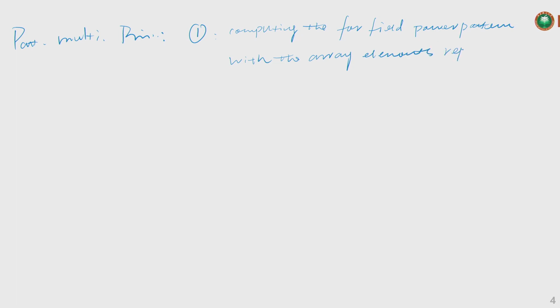For an antenna array, the first step is computing the far field power pattern with the array elements replaced by isotropic elements or isotropic radiators. That generates the array factor. Then we multiply the result by the power density for a single, isolated element.